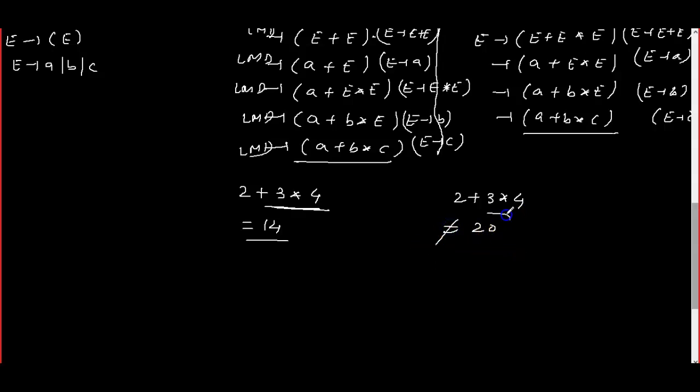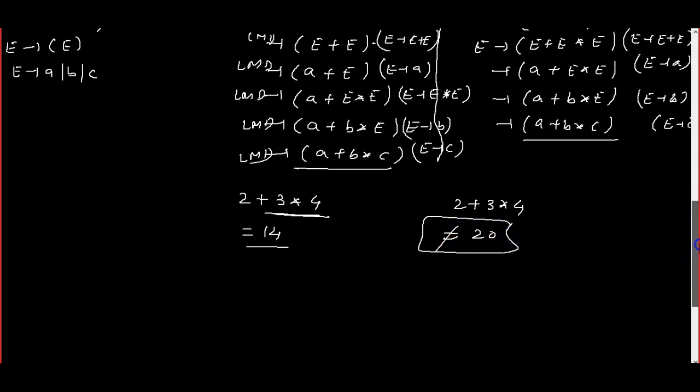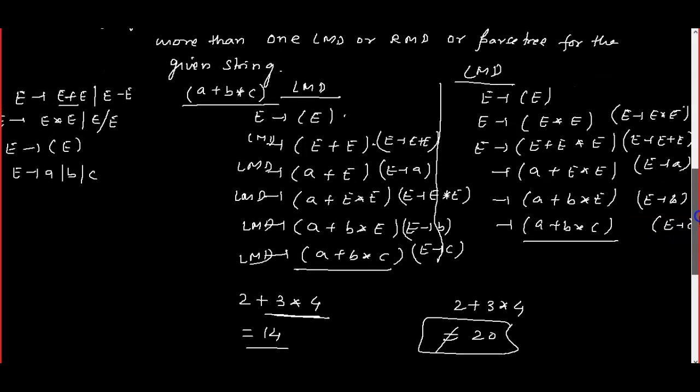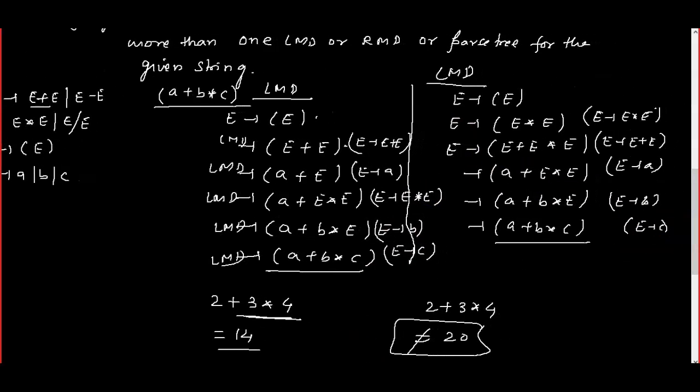Okay, that is wrong. Why? Because we have priority here, first we have to multiply, we have to apply the BODMAS rule. And in this case, if we are adding first, then also we are able to draw id plus id star id. A plus B into C means 2 plus 3 into 4. They are able to parse it when they do the addition first.